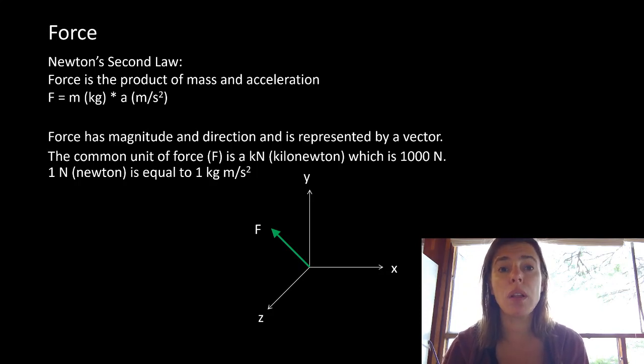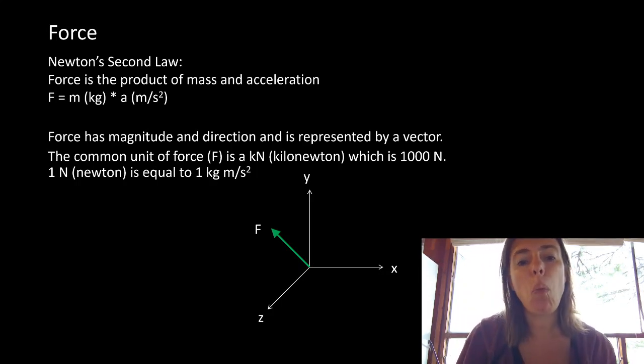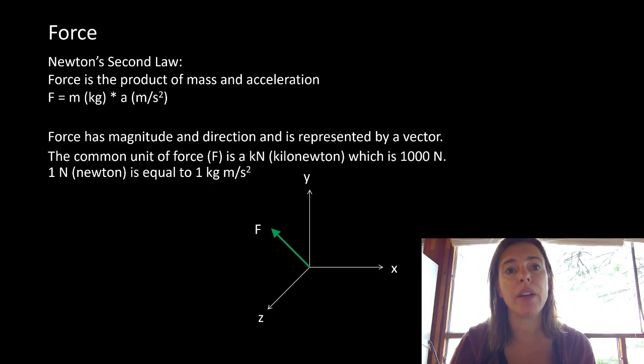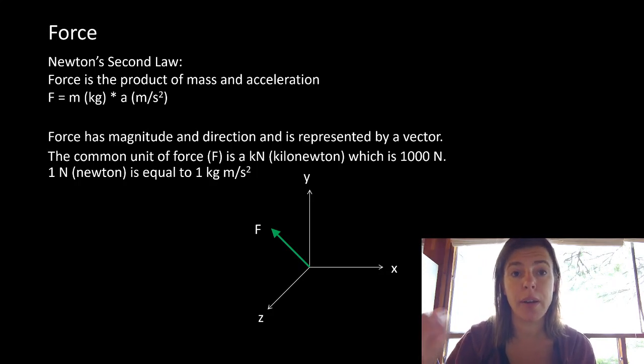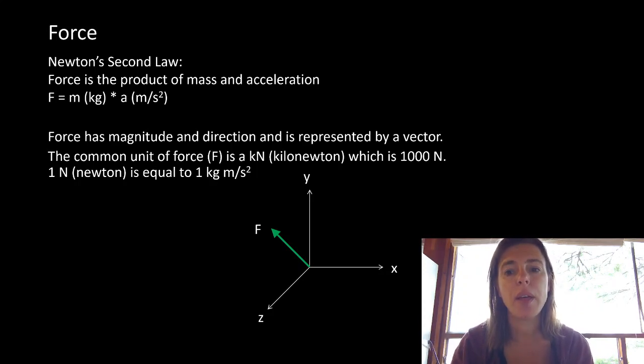We often colloquially refer to mass and weight as the same thing, but weight is when we are talking about the force that we're trying to push down into the Earth with. So in metric, we're often talking about kilograms as our mass and newtons as our weight. So how much we're trying to go down into the center of the Earth.